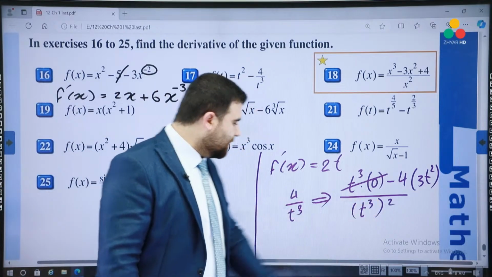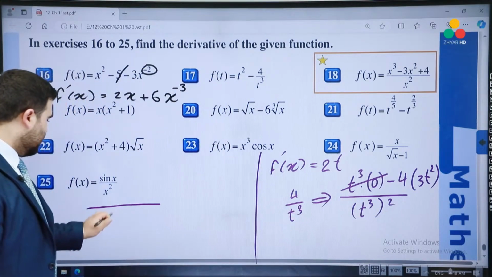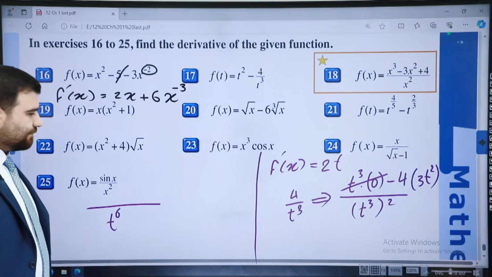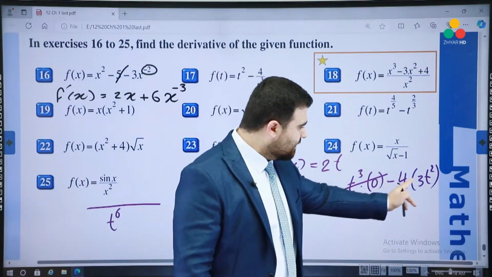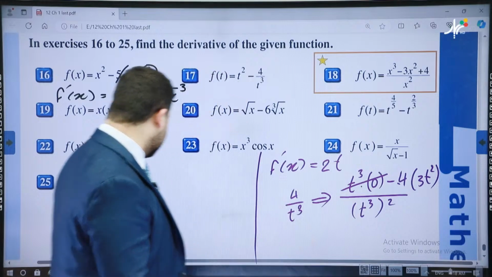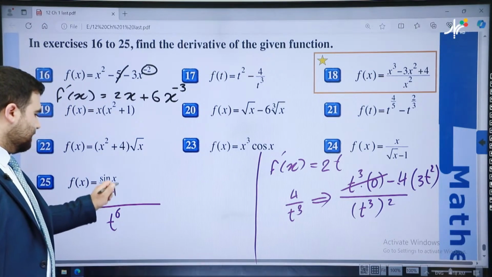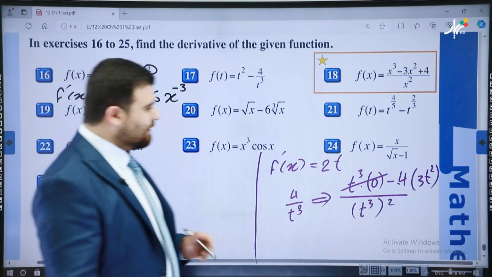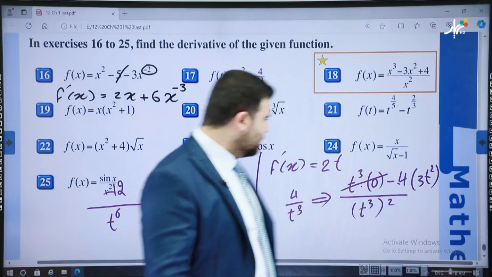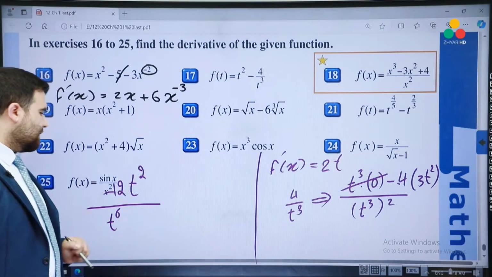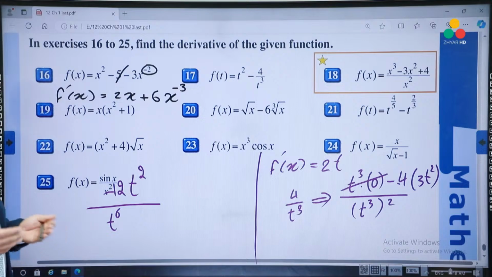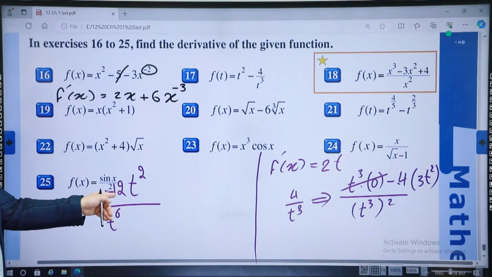T power 3 power 2 is t power 6. And up, this part became 0. This is negative 4 times 3. That is negative 12. And t is power 2, t squared. Since next to this t, there is no any plus or minus, it's times.